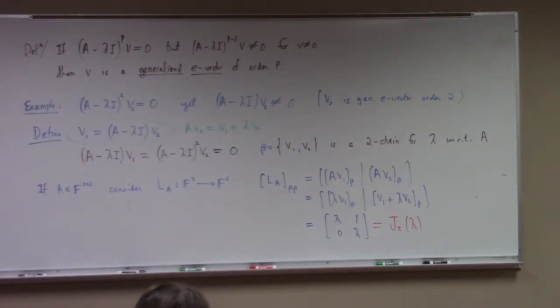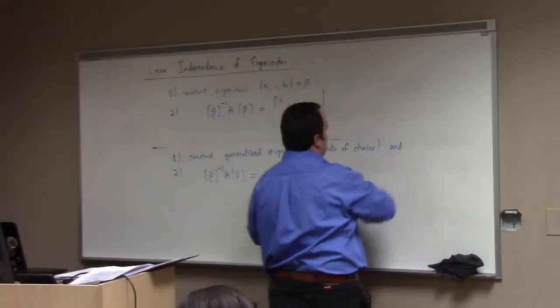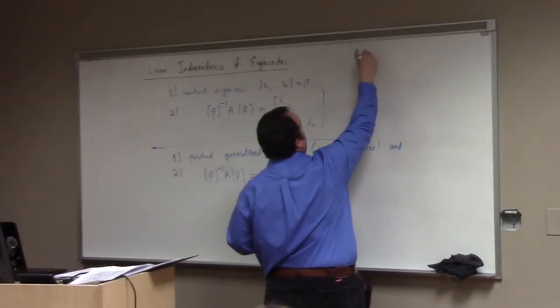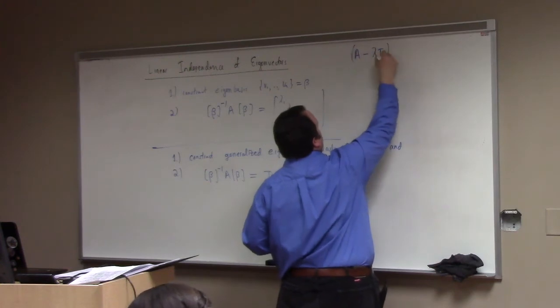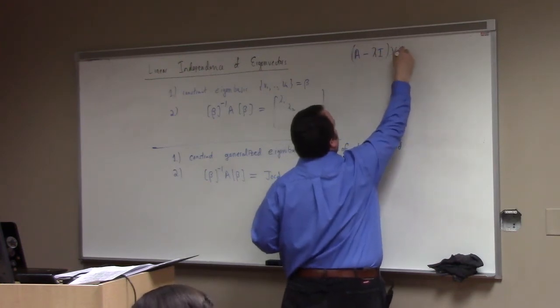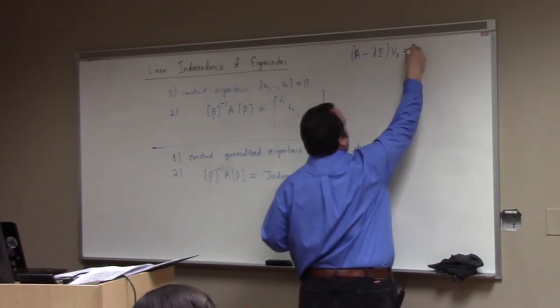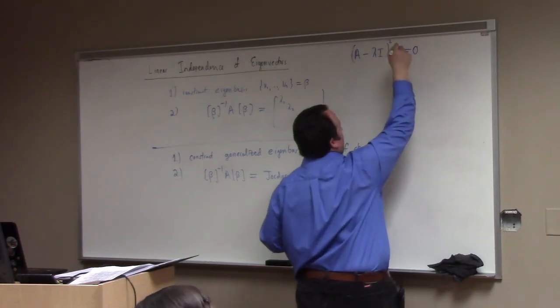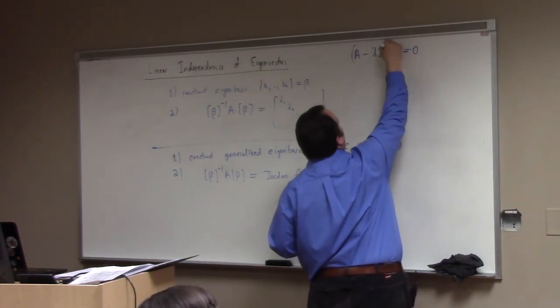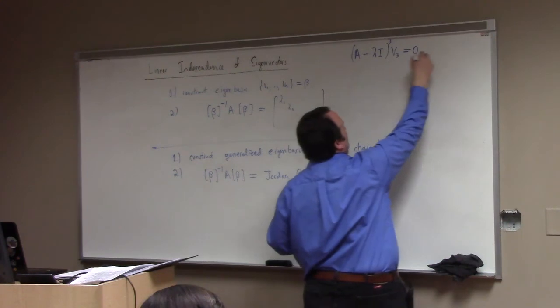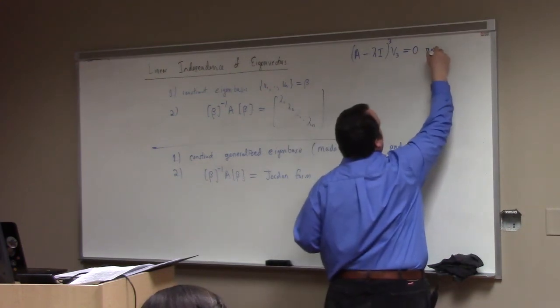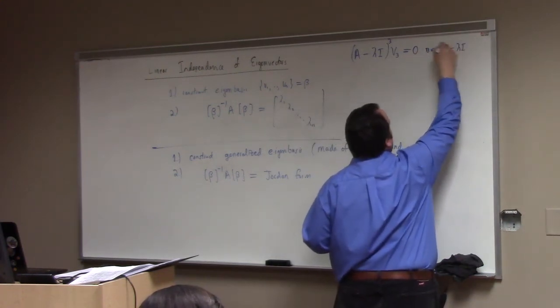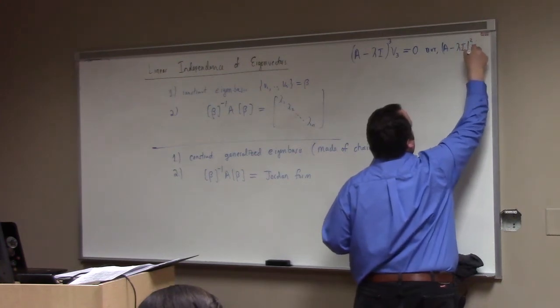So what if I had A minus lambda I squared on V3 equal to 0, but A minus lambda I squared... sorry, A minus lambda I cubed on V3 equal to 0, but A minus lambda I squared V3 not equal to 0?